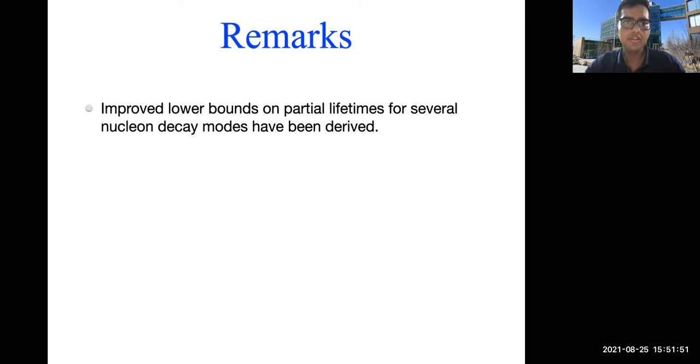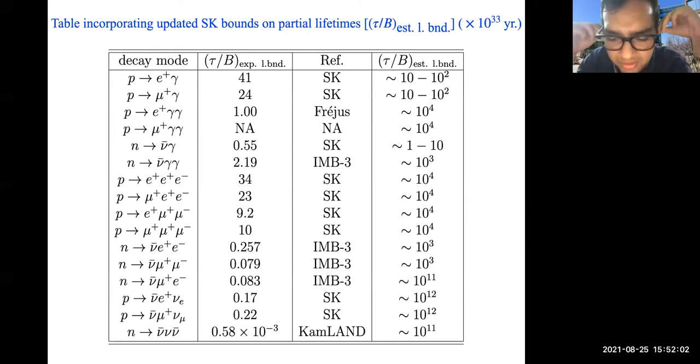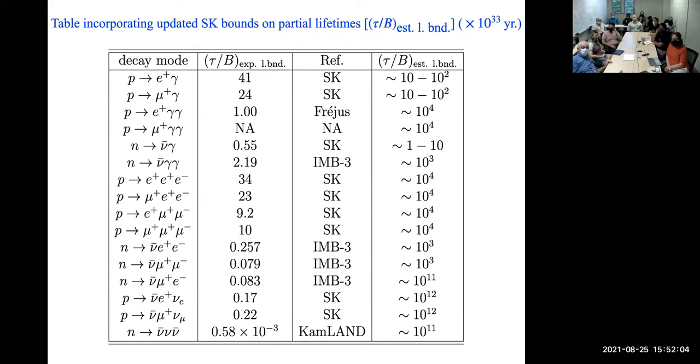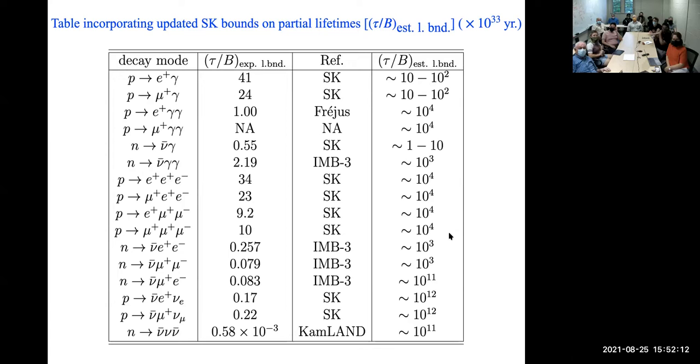Okay. So we have derived improved lower bounds on partial lifetimes. Can you explain why they are more stringent? Sorry, can you repeat the question? Can you explain why they are more stringent? Why theoretical are more stringent? Proton decay was not observed, so that it is early to compare the branchings for different modes.